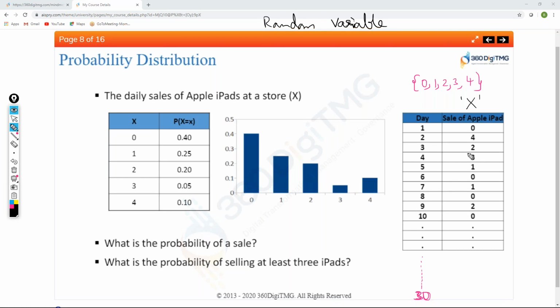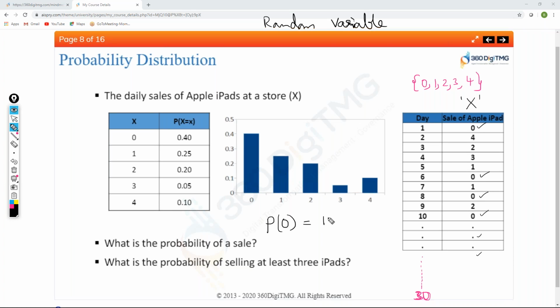Let's answer that. So let's take 0. If I want to understand what is the probability that on any given day you would sell 0 Apple iPads, then the same formula, probability, number of interested events. Say you count the number of times 0 appears. It's appearing once, twice, thrice, 4 times, and it appeared here also, the 12th day, 14th day, and so on and so forth.